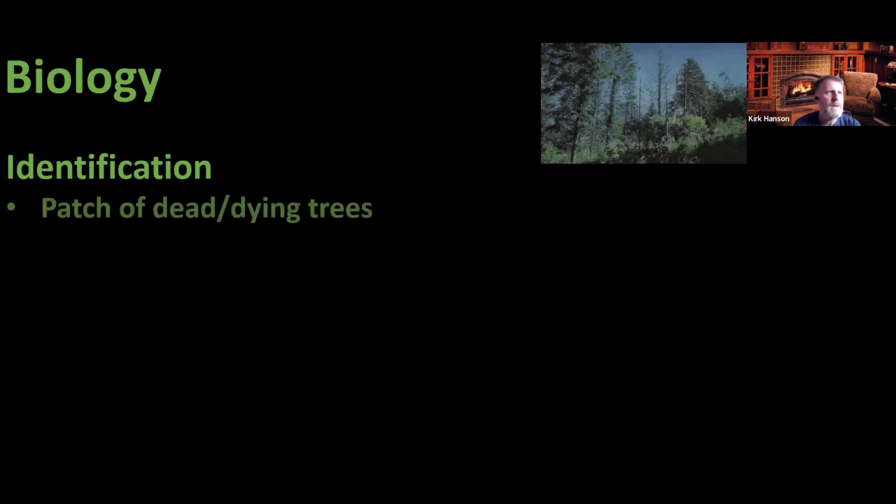So a little bit of identification. I'm just going to share the visual clues to laminated root rot in the forest. Usually the most common way of identifying it is by observing a patch of dead Douglas fir.